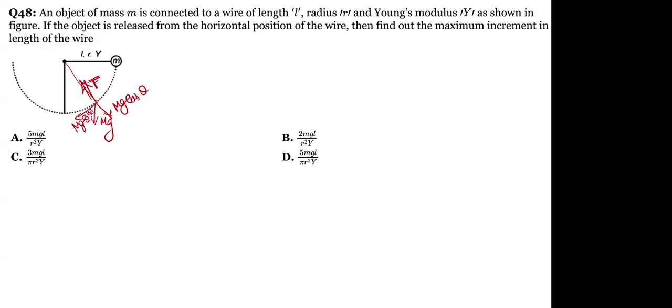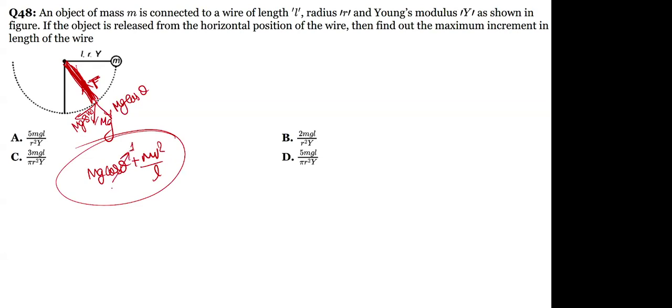Okay. So you want to calculate the net force in this radial direction, because that is the tension force. So it will be mg cos theta plus mv square upon L. So this will be maximum when cos theta will be 1, and cos theta will be 1 when theta is 0.